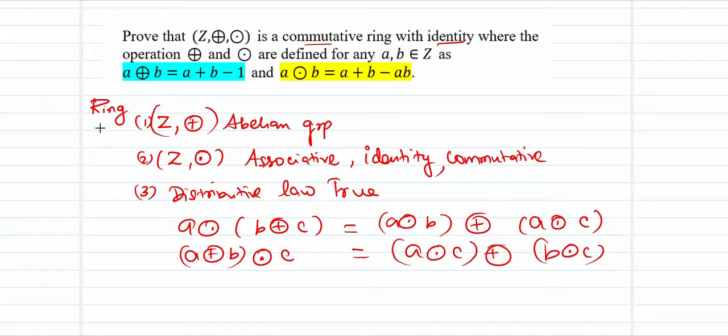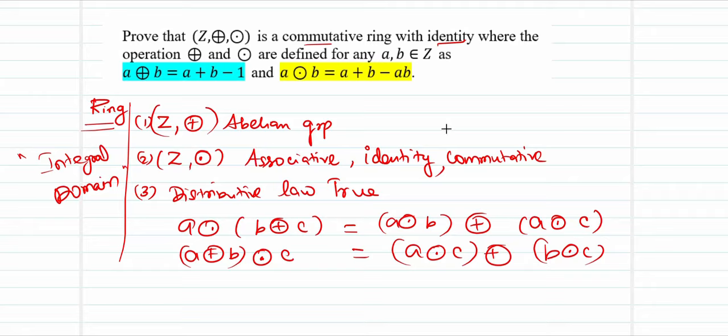Now just notice that these are the conditions that are going to be satisfied for an integral domain, because I know that the inverse element is missing over here. So the problem can also be stated like: show that with respect to Z, plus circle and dot circle, it is going to form an integral domain.